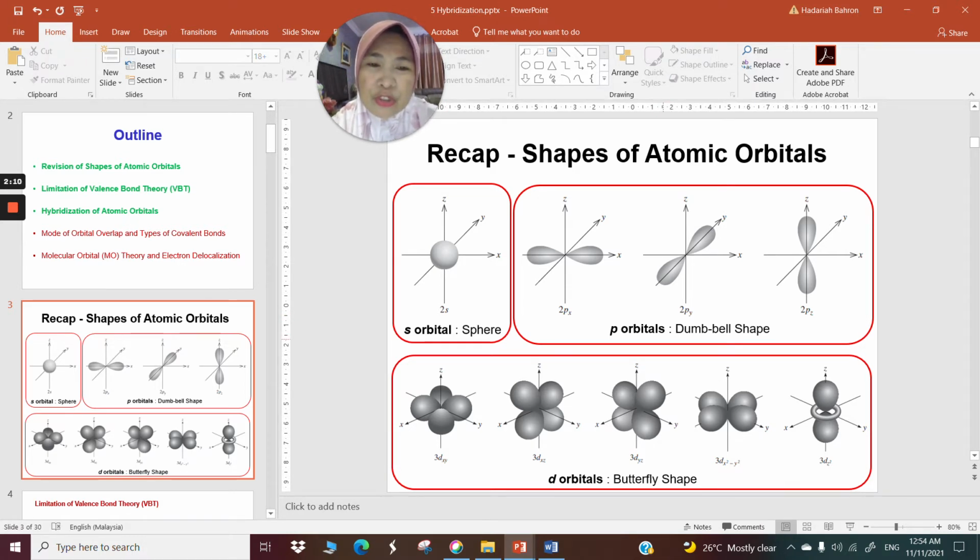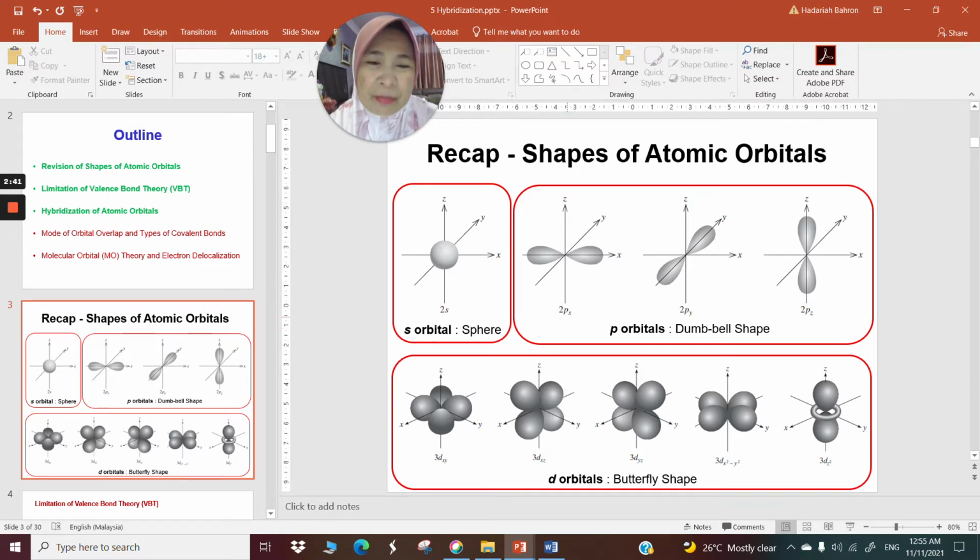When we move on to the p orbitals, the general shape of p orbitals is like a dumbbell, where it has a middle, and then there are lobes on the left and the right hand side of that. So these p orbitals have shapes like dumbbells, and the p orbitals are made up of a set of 3.